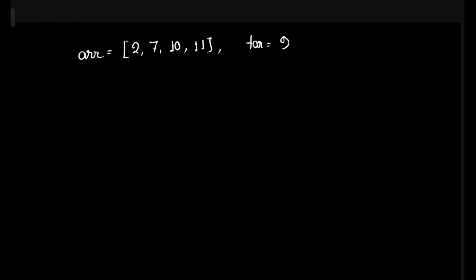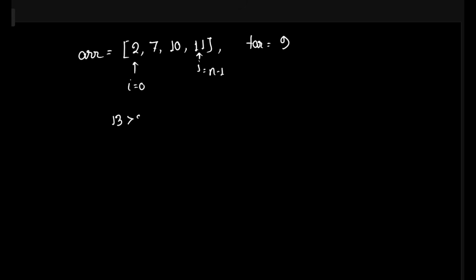First we use the loop where i is equal to 0 and j is equal to n minus 1 initially. Now if we sum the elements 2 and 11, that will be 13.